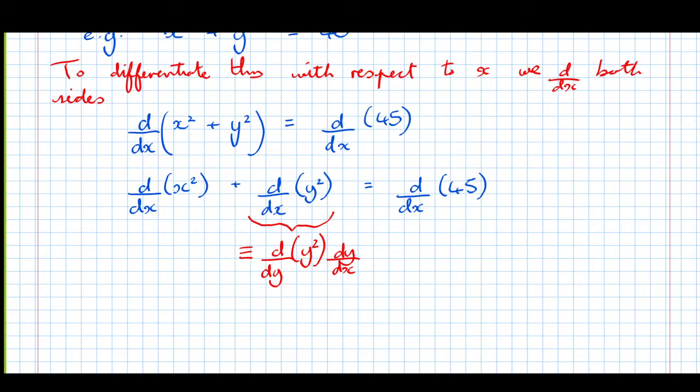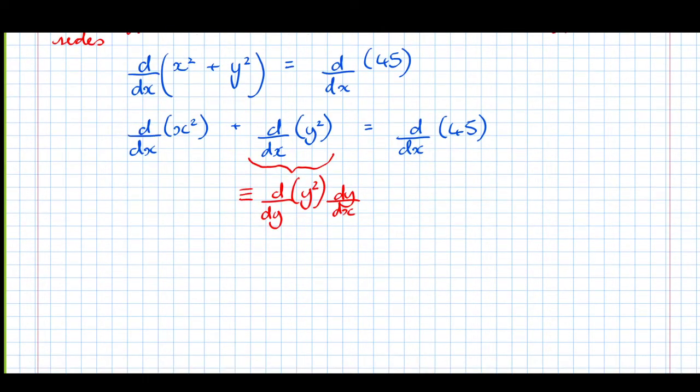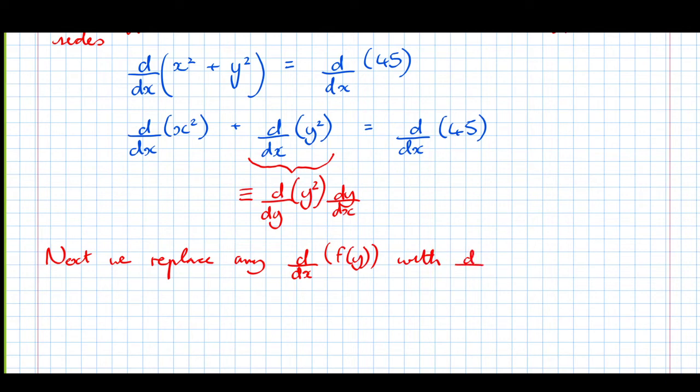We can deal with differentiating something with respect to x that isn't an x by following that rule. So next, we replace any d dx's of functions of y with d dy, differentiate that, times dy by dx, which is what we've done there.